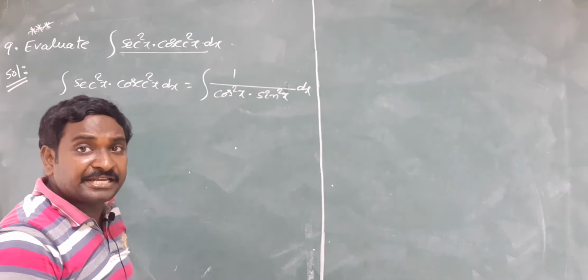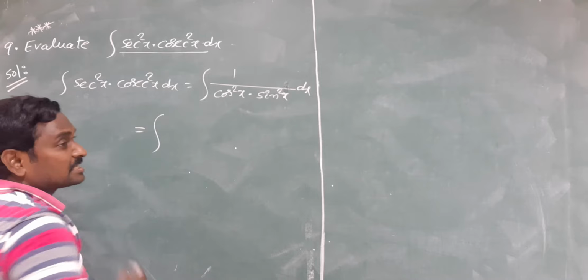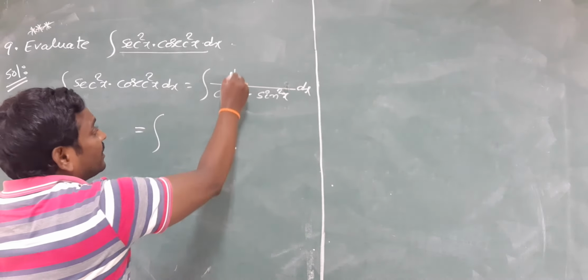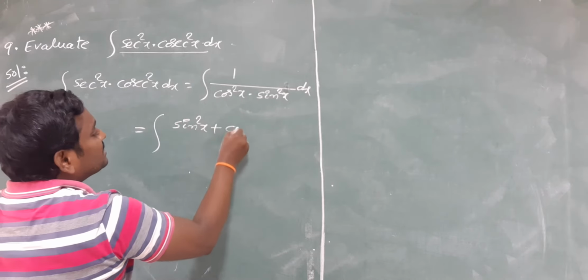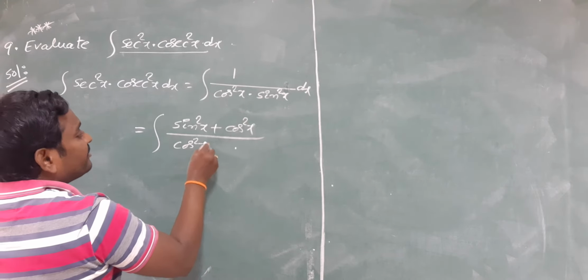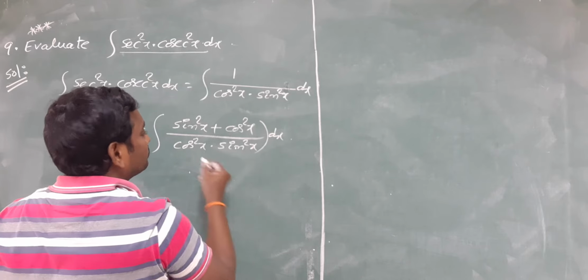We have an identity related to them: cos square x plus sin square x is equal to 1. That's why numerator 1 can be written as sin square x plus cos square x, whole by cos square x into sin square x dx.